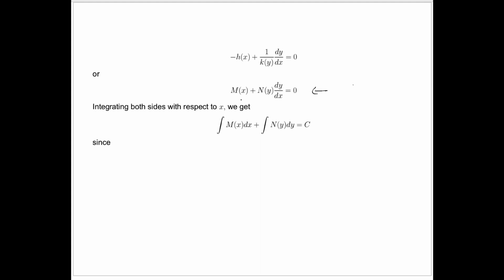This is a useful form because we can just integrate both sides, left and right. Of course, the integral of M of x is just whatever that integral is. And to integrate N of y dy/dx, here we're integrating with respect to x, we just get whatever the integral of N of y dy is.